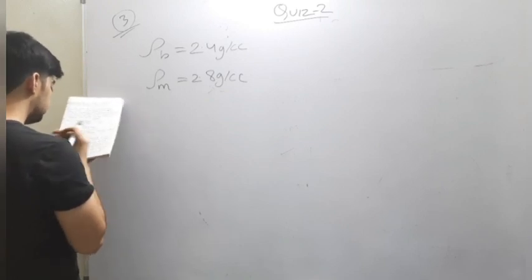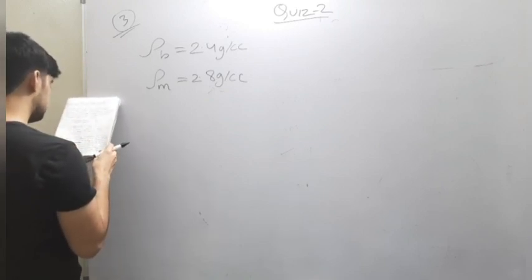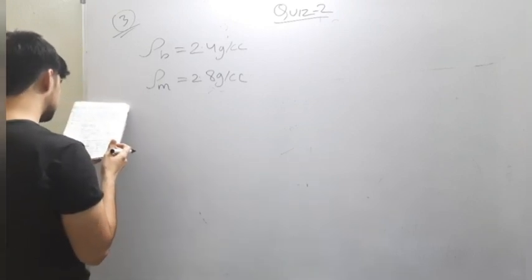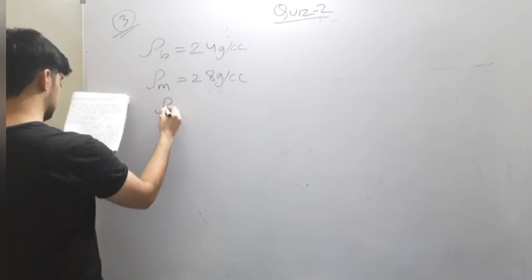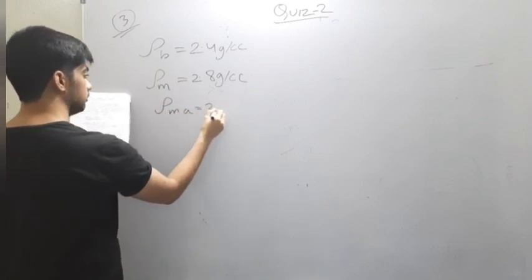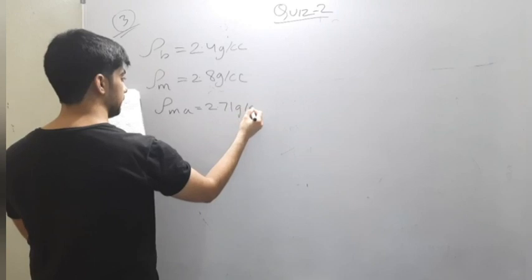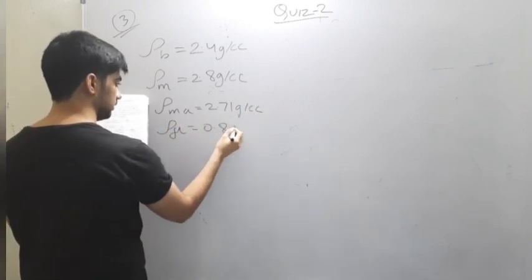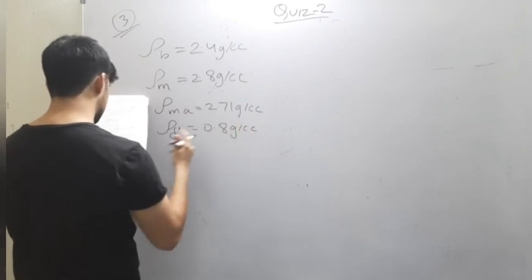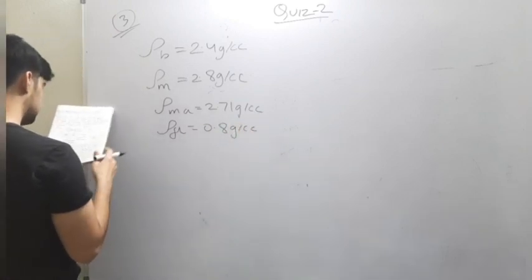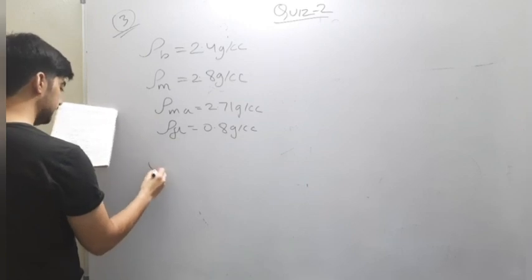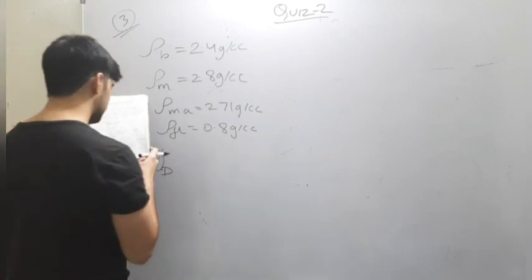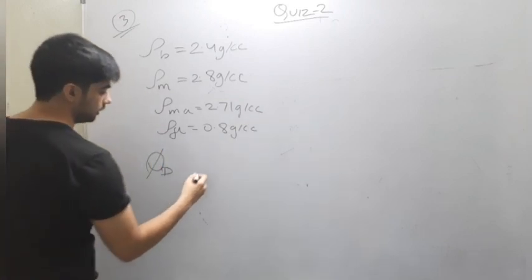So this mud was used in the drilling, and from the core analysis, density of the matrix is 2.71 gram per cc, and density of the fluid is 0.8 gram per cc respectively. So you need to calculate density porosity if spine and rib correction for mud cake is 0.05.